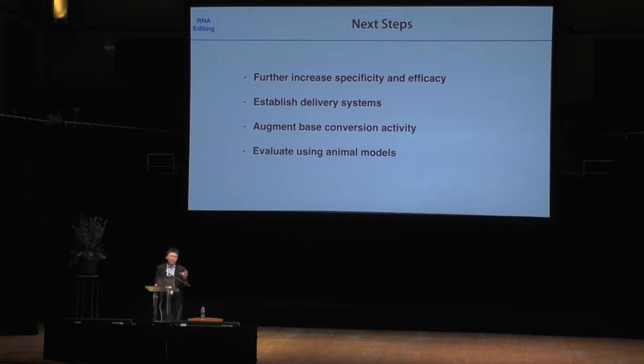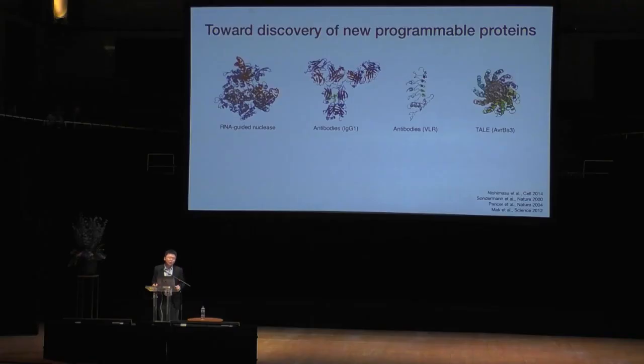Then one of the questions that we ask is, can we generalize this idea even more? Can we broaden it to looking at other systems in the microbial world that may be quite interesting? One of the things that we're continuing to work on to further push these gene editing technologies beyond is to look for other biological systems that are putatively programmable.